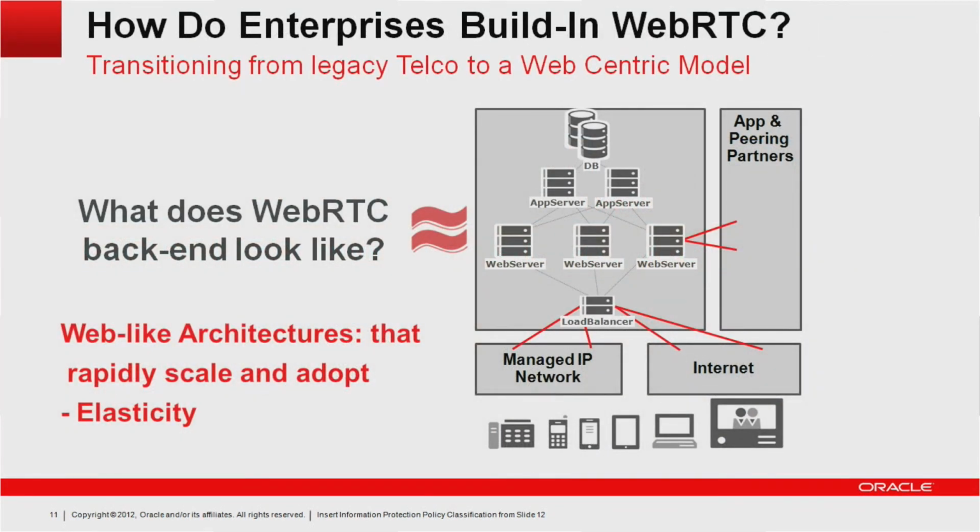So there's a lot of debate around, what is this WebRTC model going to look like? How should I deploy it? How do I bridge the gap from the traditional telco model into more of a web-flavored communications, collaboration, communications as a service, as a business process? Well, why should it look particularly any different? The web works just fine. VoIP works just fine.